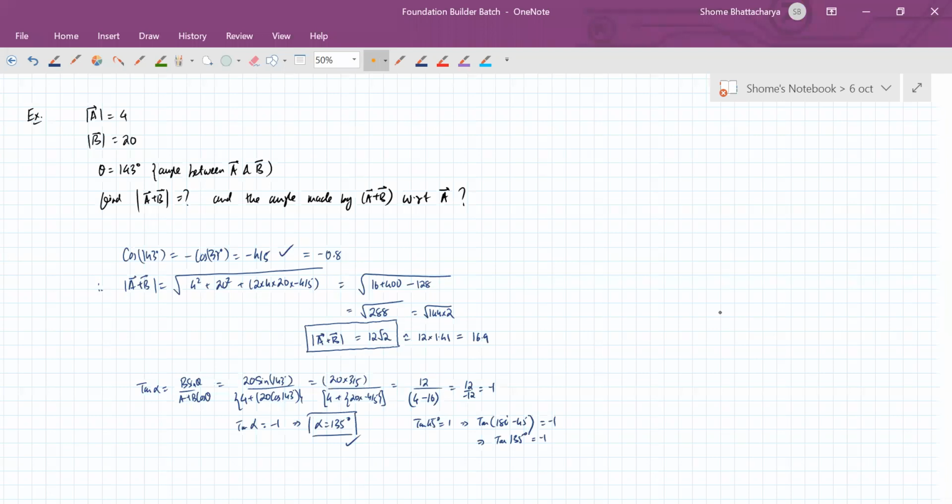Okay, so hope all the steps are clear. If you want to understand geometrically how this particular triangle is going to look, it's going to be something like this.